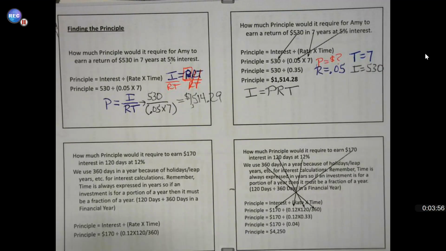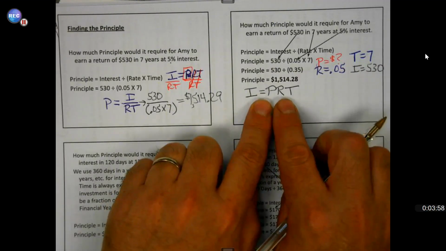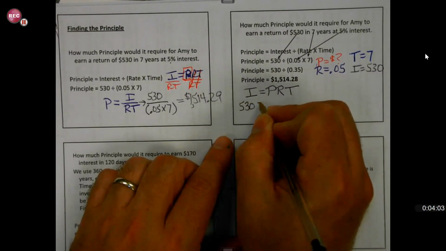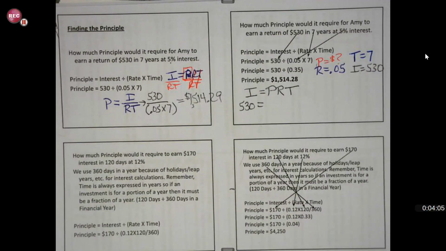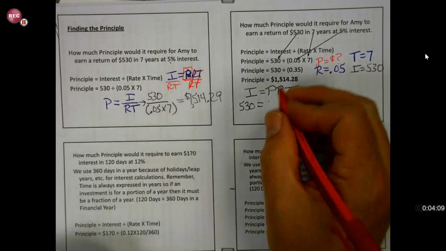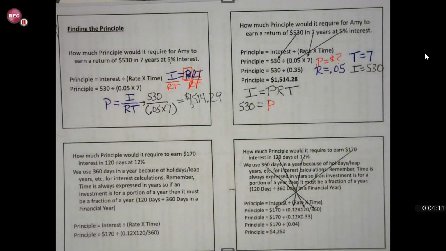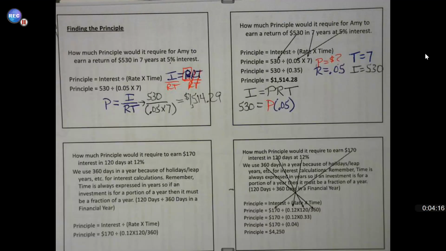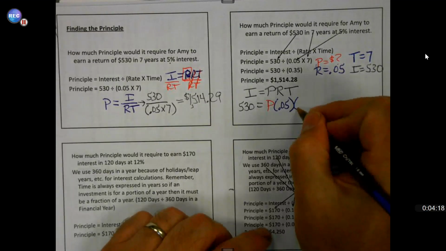So now, if I just keep this the way it is, I'm going to plug the numbers in. I'm going to substitute where those values go. So I don't know principal, I'm going to leave that as P, times my rate, times my time.